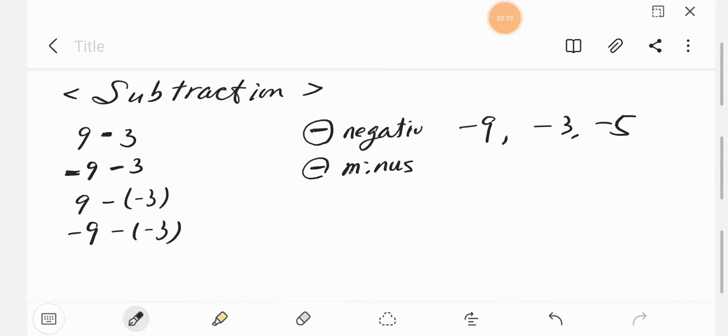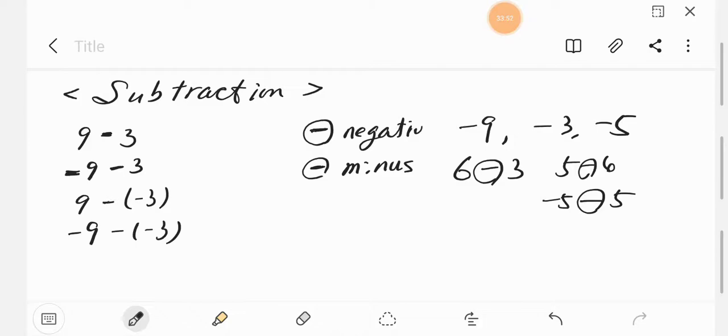If two numbers are subtracted, something like 5 minus 6, or negative 5 minus 5, then this is minus. So minus is an operator, just like addition.